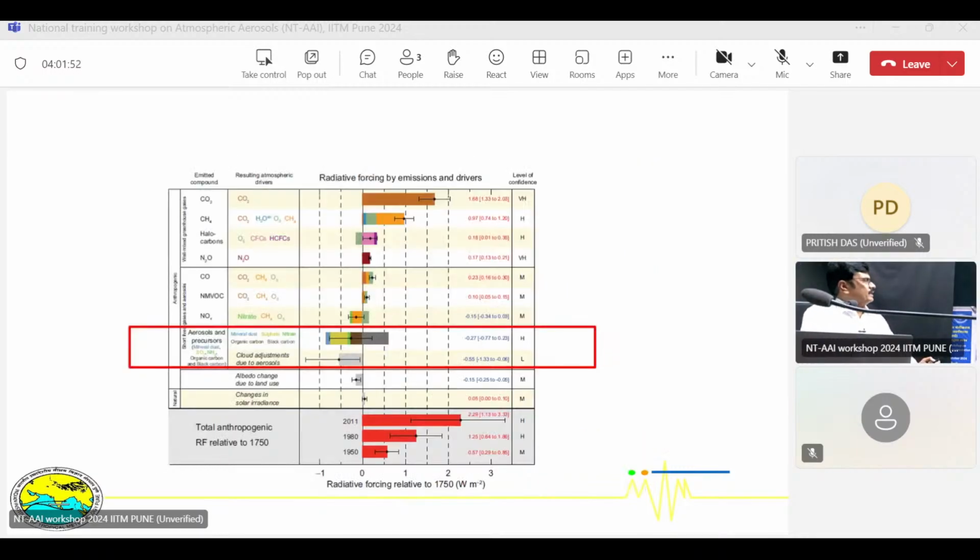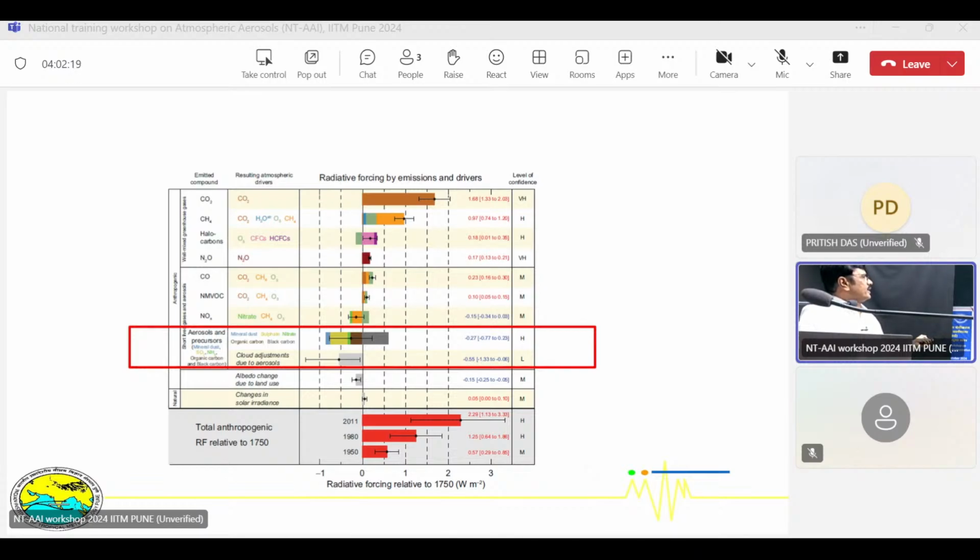So this is from one of the IPCC reports. If you look at this column, this is the level of confidence. These are the radiative forcing by emissions and drivers. If you look at the well-mixed greenhouse gases, they have a very high level of understanding.